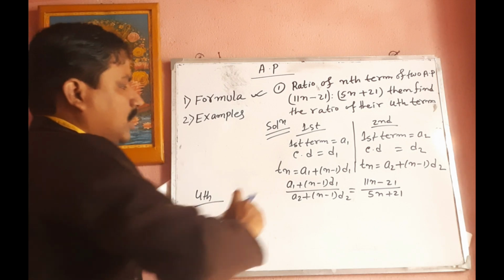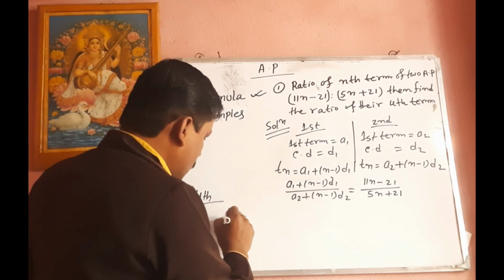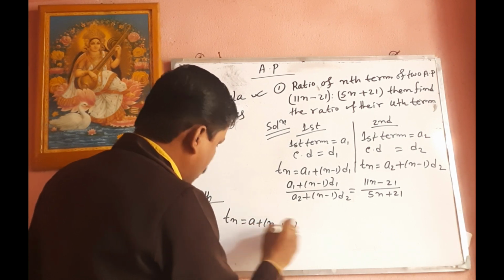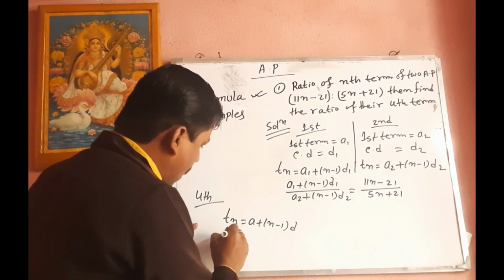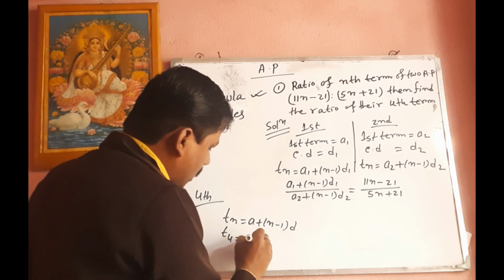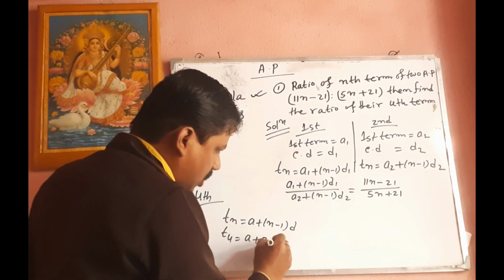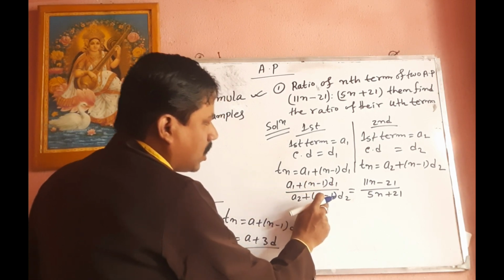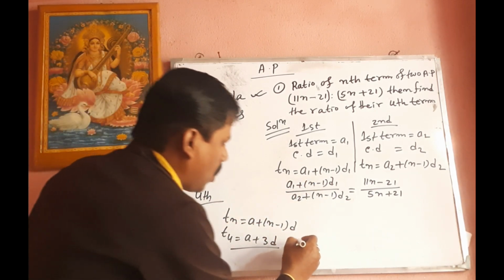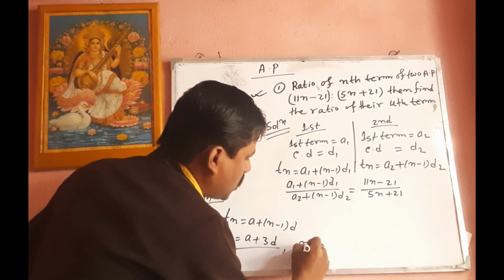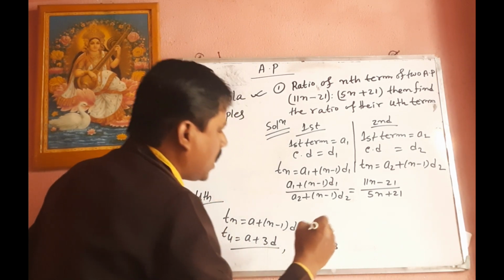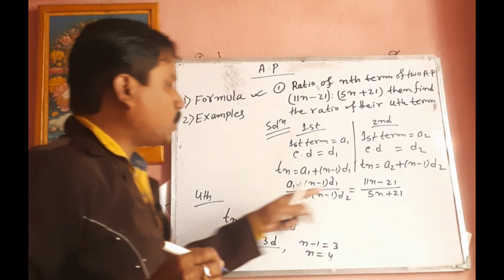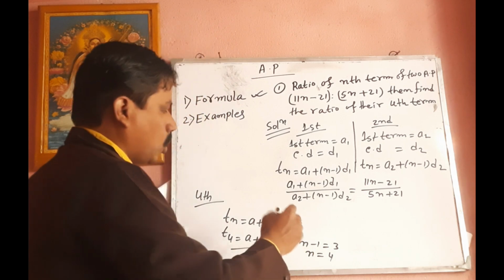That is, this will be 3, because the Tn formula is a plus (n minus 1) into d. For the fourth term T4, it will be 4 minus 1, which is 3. So when n minus 1 is equal to 3, then n is equal to 4. Then put 4 here.